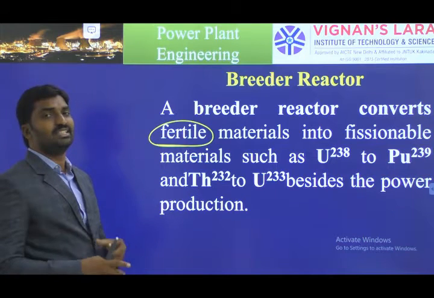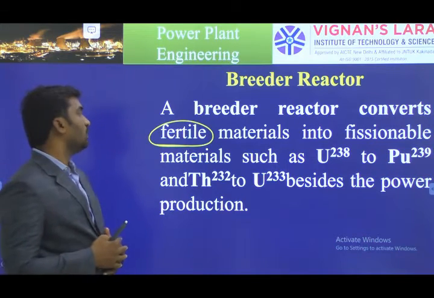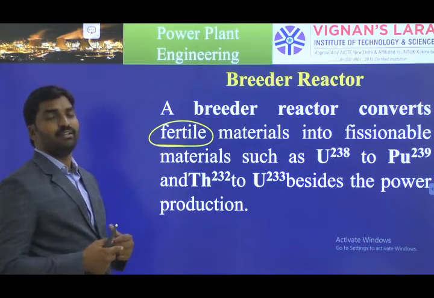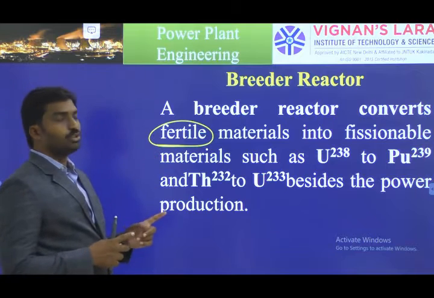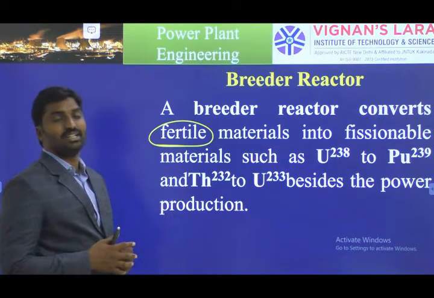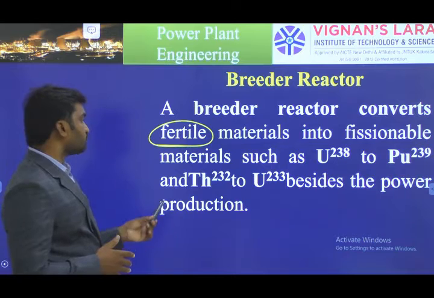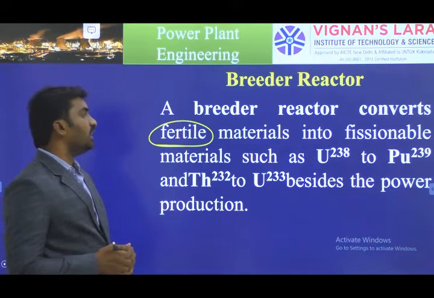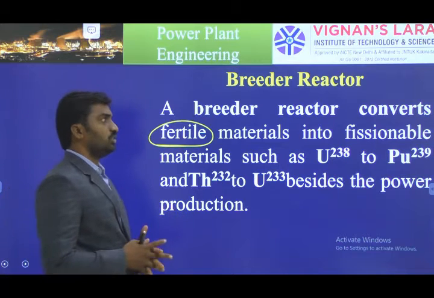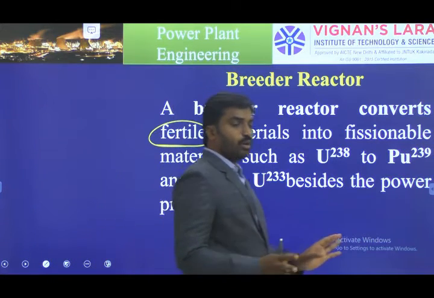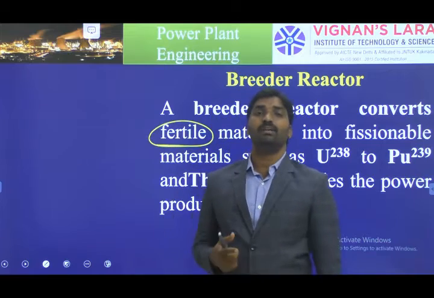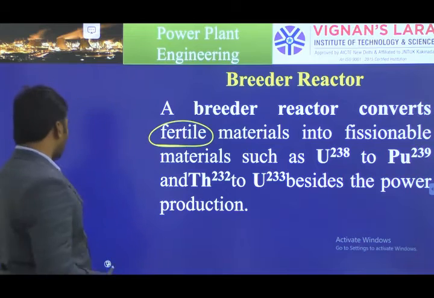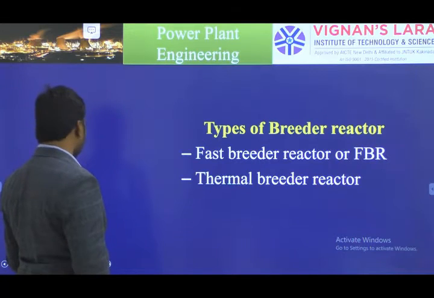Fissionable means it gives a larger amount of heat energy. So, fertile material like uranium-238 can be converted into the fissionable material plutonium-239, and thorium-232 is converted into uranium-233. So besides power production, it's a process of conversion of fertile material into fissionable material. So here the thing is the conversion of materials.